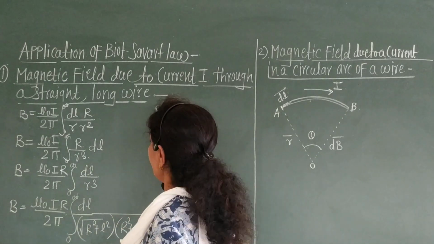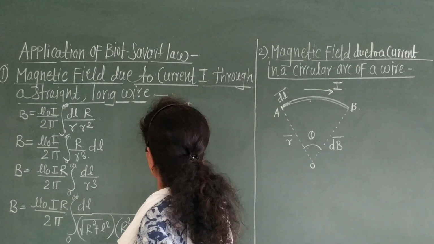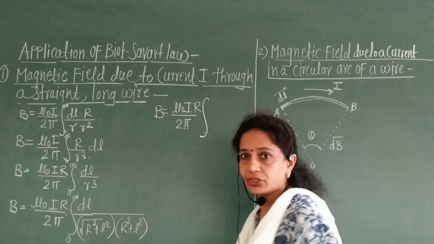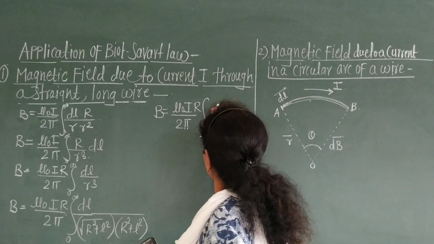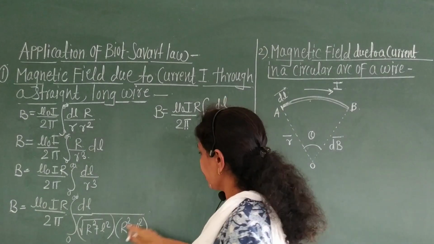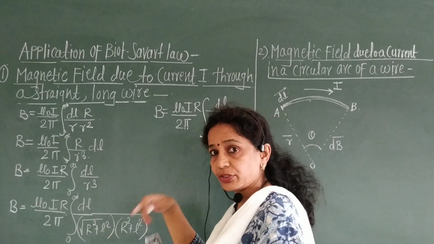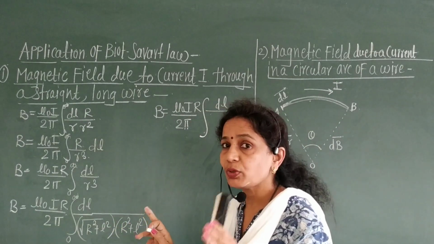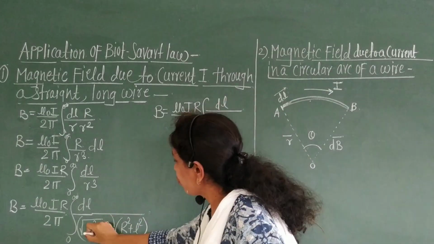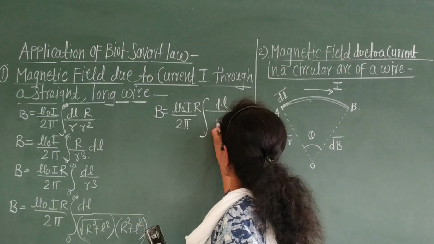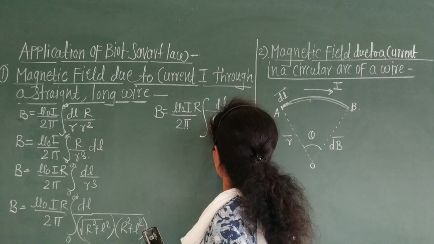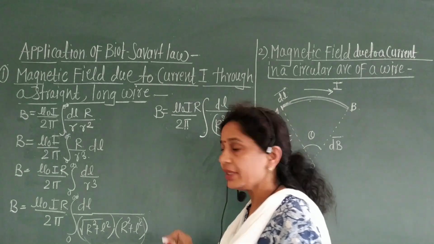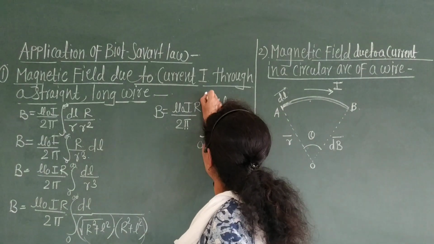Therefore, B is equal to mu 0 I R upon 2 pi integration of dl upon R square plus L square raised to 1/2, and this is 1. 1/2 plus 1 is 3/2. Therefore, this whole term is R square plus L square raised to 3/2, from the limits 0 to infinity.